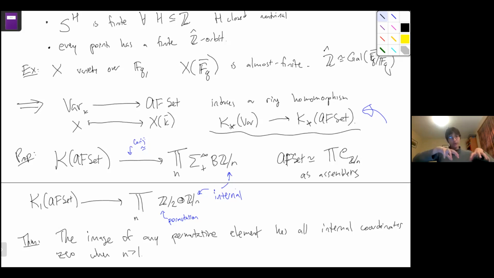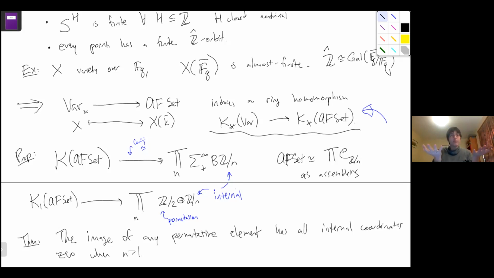And so an automorphism of the set rearranges some of these orbits and then rotates some of them. So the permutation coordinate counts the sign of this permutation of moving the orbits around. And the internal element measures how far, all totaled, all of the orbits have been rotated.